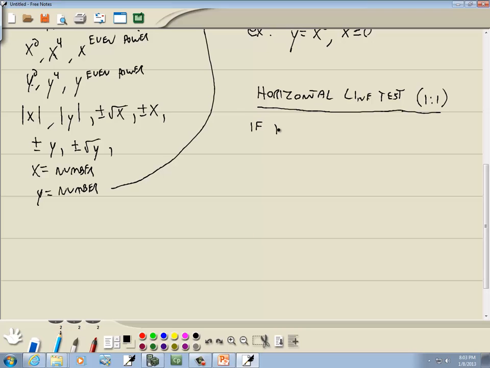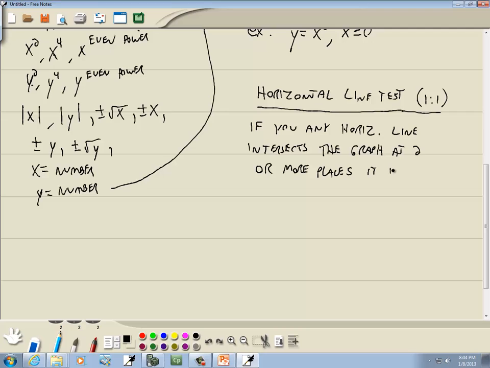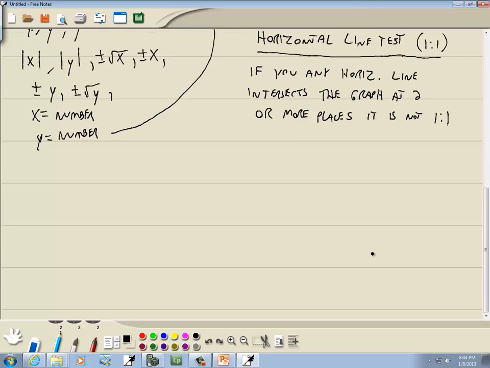So this says if any horizontal line intersects the graph at two or more places, it is not one-to-one. And we're going to be looking at examples of all this, but hopefully this isn't brand new. You saw this in college algebra.